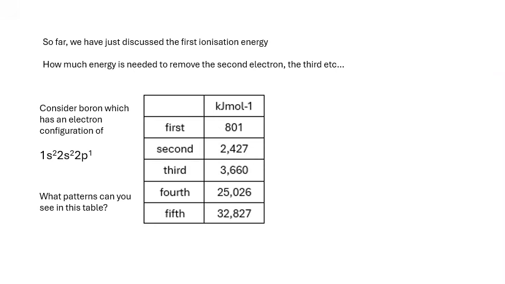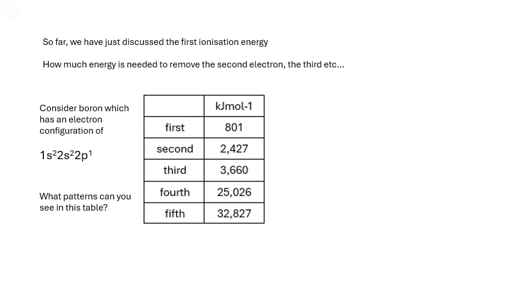So boron has 5 electrons, and it's 1s2, 2s2, 2p1. So you've got 2 electrons in the first shell, and then 3 electrons in the second shell, which is 2s2 and a 2p1. Now, to take away the p1 electron, relatively easy.